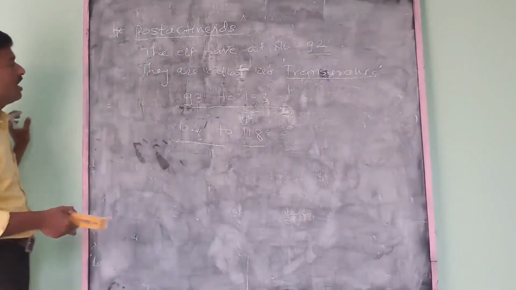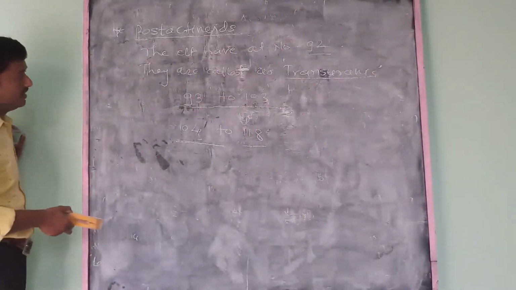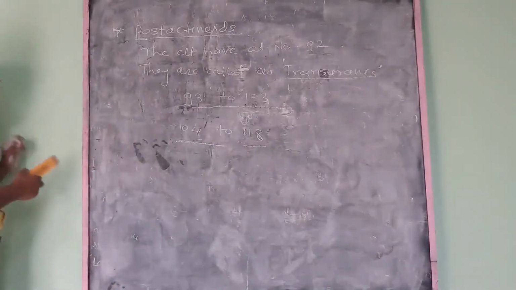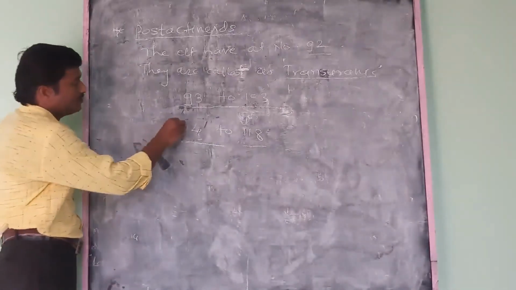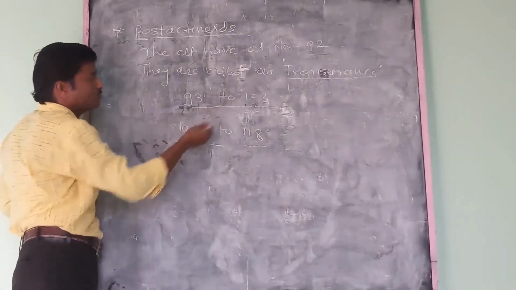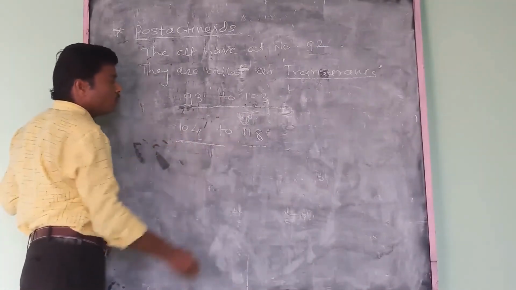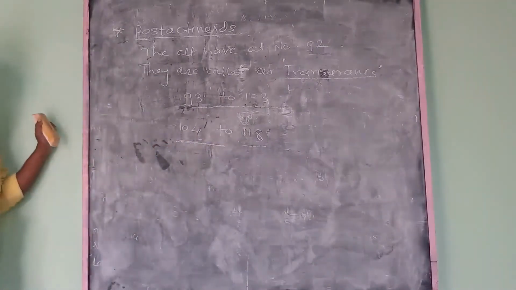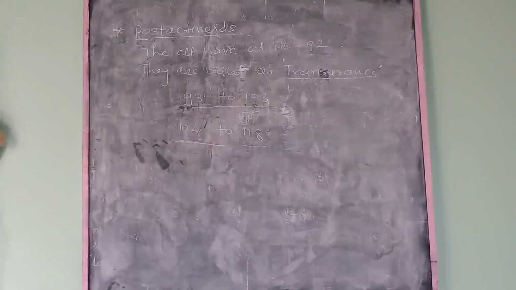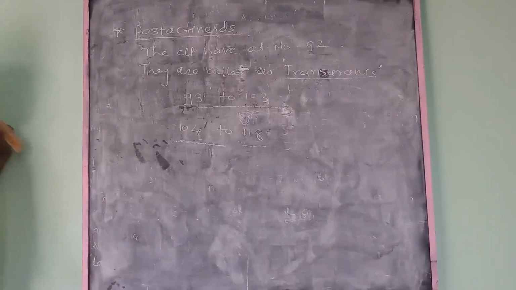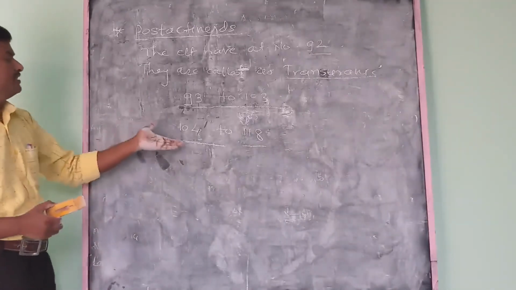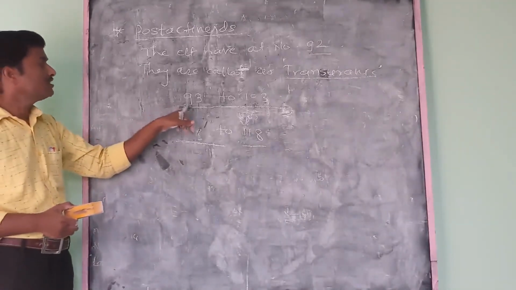The elements 104 to 118 are called post-actinoids, because they come after the transuranic elements.